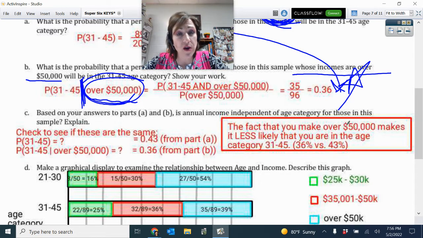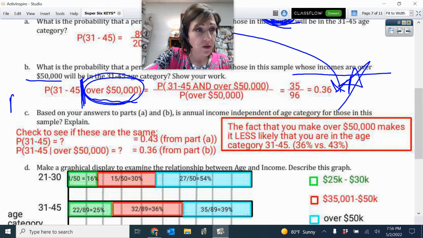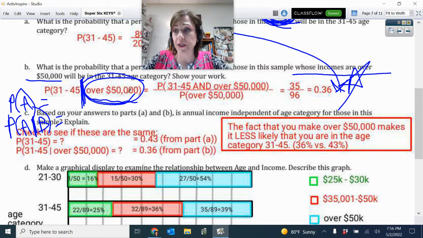The fact that you make over 50,000 makes it less likely that you are in the age category 31 to 45. And then I stated, of course, those two percentages. So that's what we were looking for. Do you remember that for independence, we're looking to see if the probability of A overall is the same as the probability of A given B? Okay, and that's what this format was here.